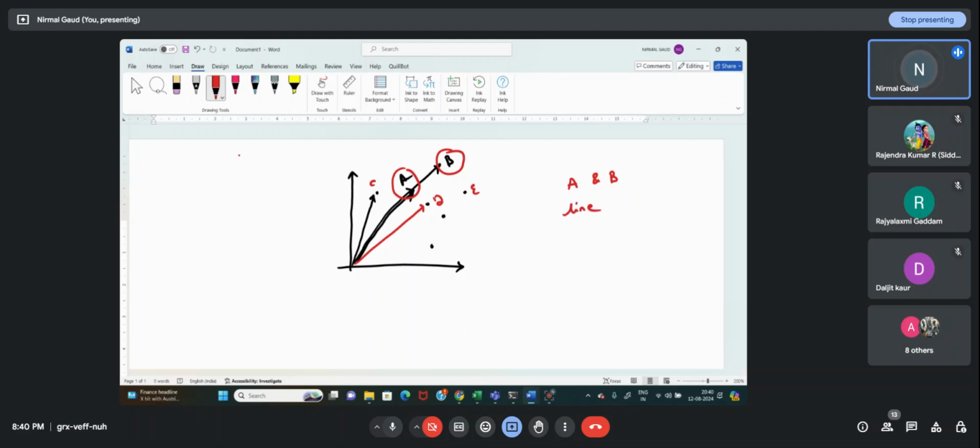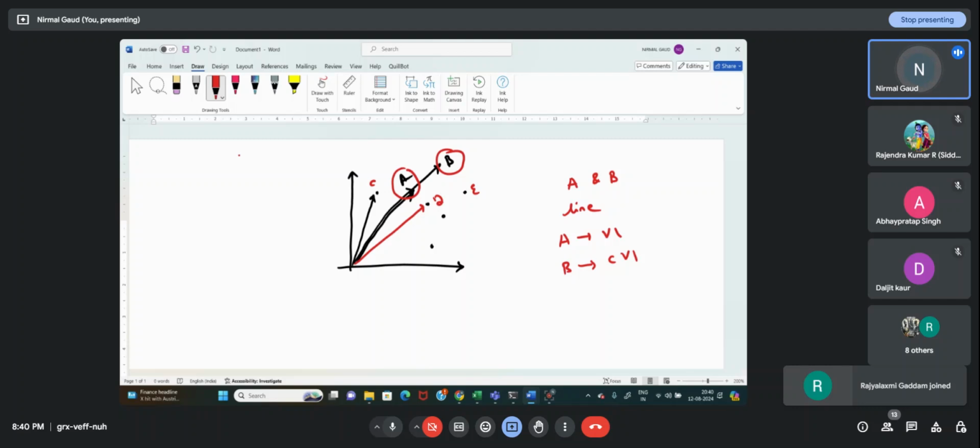So if I can represent A with a vector v1, definitely I can represent point B with some scalar multiplication of v1. This is what I can do.